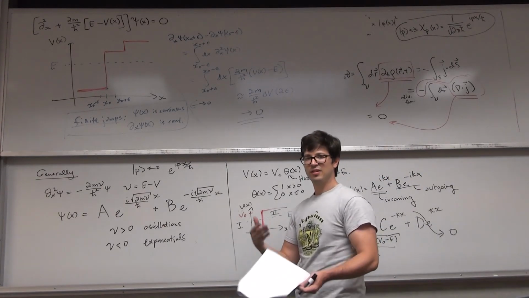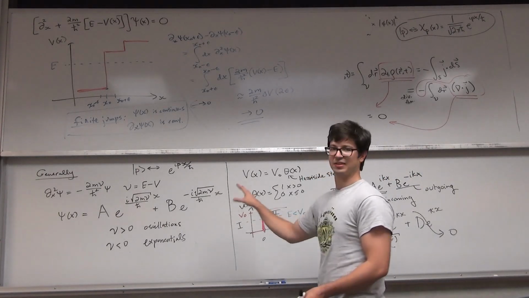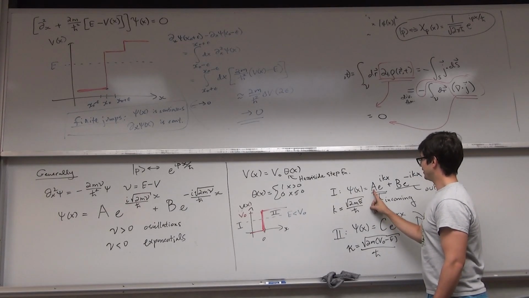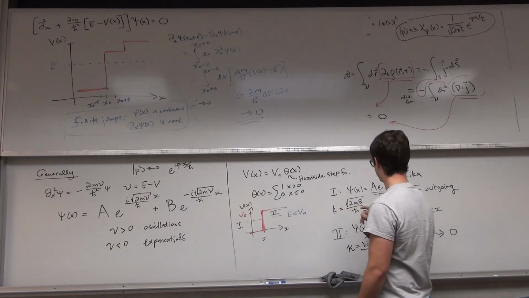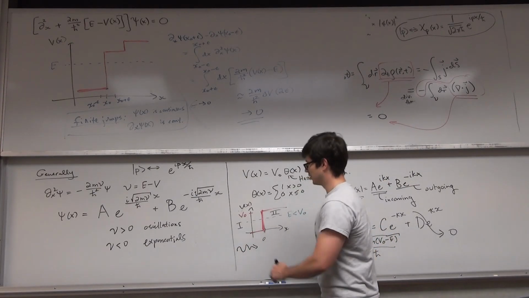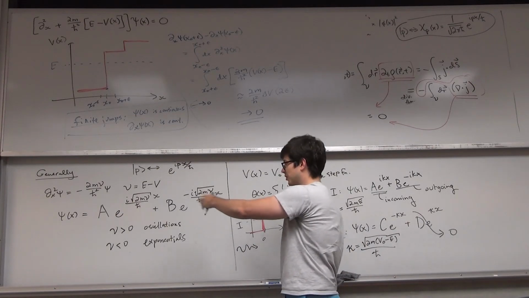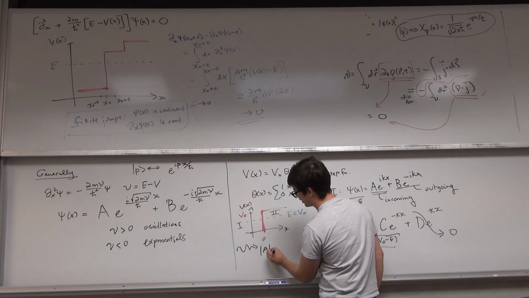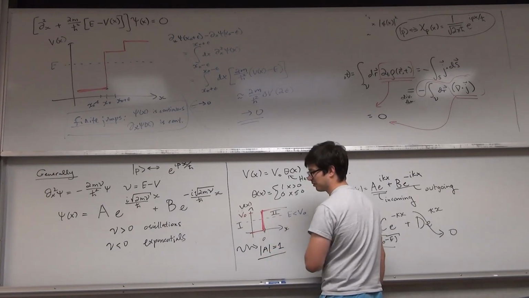Now again, it's this combination of mathematics and physical intuition that tells us that A is the incoming part. We could set up incoming particles through some source of particles over here to shoot at this potential barrier, such that the amplitude, this A, is equal to 1. We just have some freedom of choice.